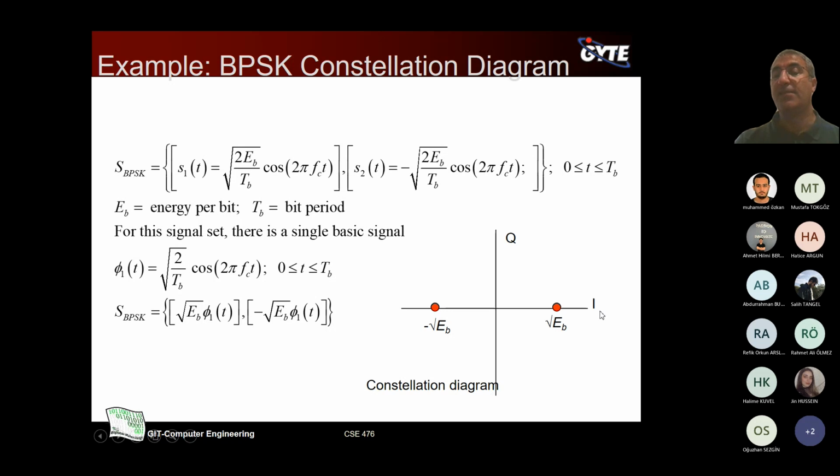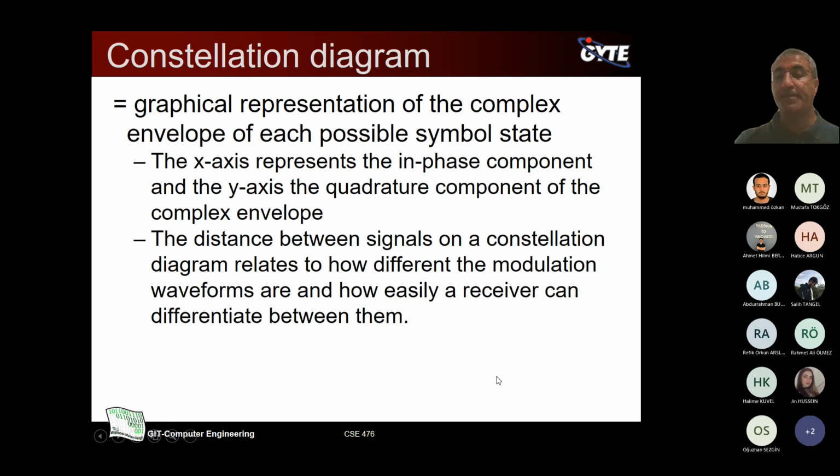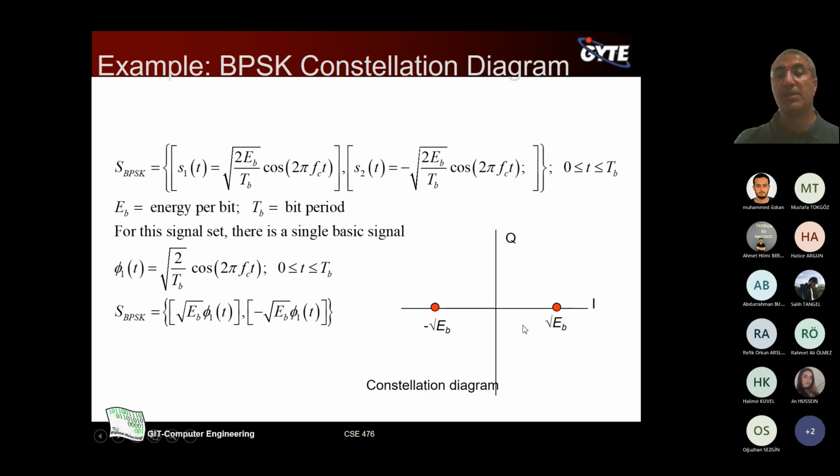So geometrically, it looks like this. The x-axis is the in-phase, the Q is the quadrature. This plus square root of Eb represents S0, which is bit 0. This minus square root of Eb represents bit 1. And this is called a constellation diagram.